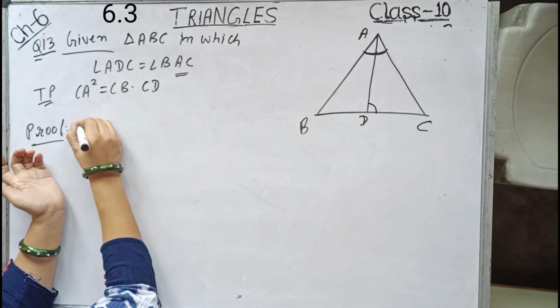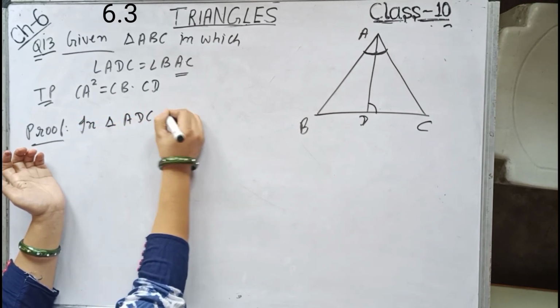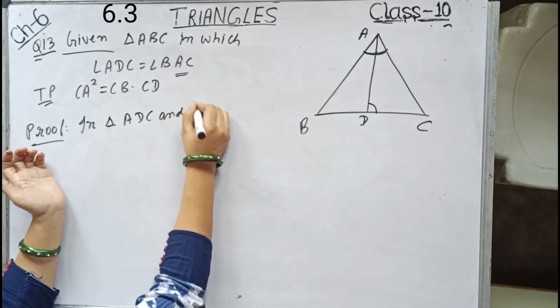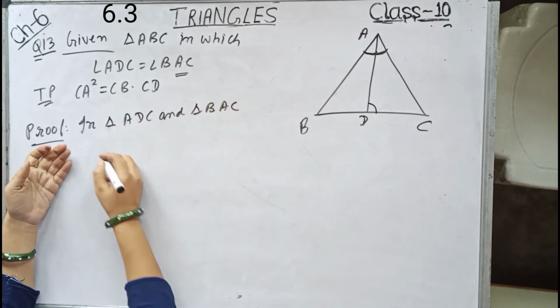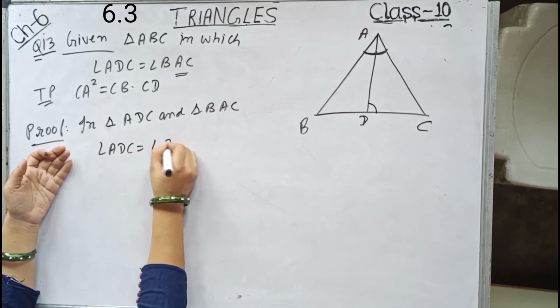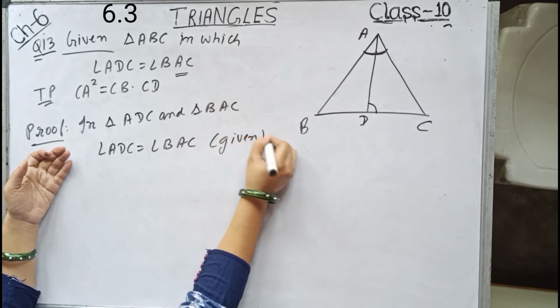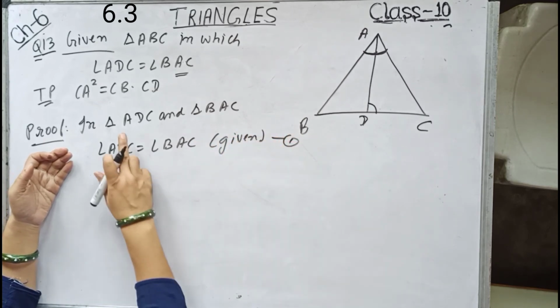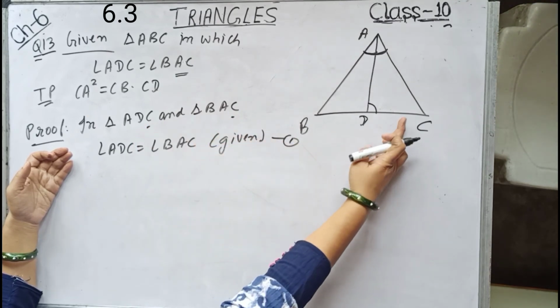Now over here children, you can find the triangle by the given relation only, ADC and BAC. Let us start proof. In triangle ADC and triangle BAC, the given part we will be writing: angle ADC equals angle BAC, given. Let us make it 1. Now ADC, BAC, take care, this C must be common, and it is common.